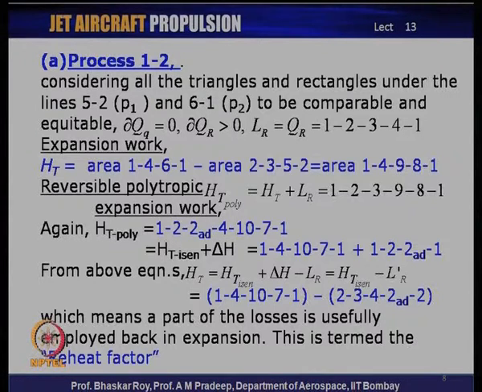However, there is an internal heat transfer, which is normally the conversion of one kind of energy to heat. Principally, the kinetic energy may get converted to heat due to friction and other reasons, and that is normally given as L r equal to Q r, which, as we have said, is non-zero, and that is given by the area 1, 2, 3, 4, 1.